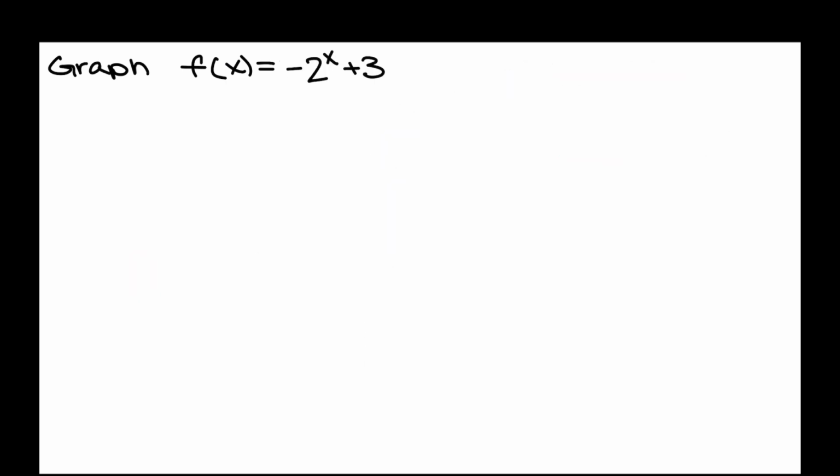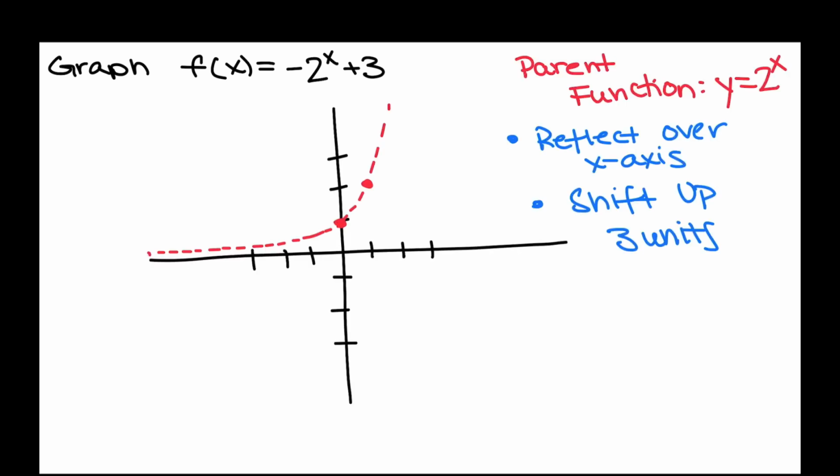Here's another one. Let's do negative 2 to the x plus 3. So we can start with that same parent function, y equals 2 to the x. Y equals 2 to the x has a y-intercept at 1 and goes through the point 1, 2. This negative is outside of the exponent. It's an output transformation.